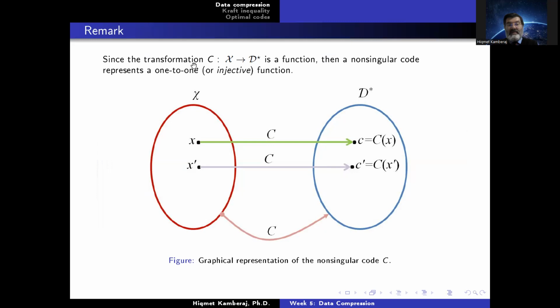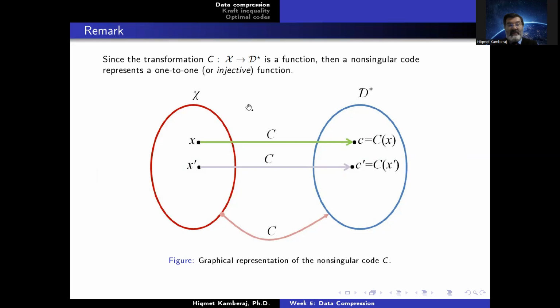Since the transformation C from chi to D star is a function, a non-singular code represents a one-to-one or injective function, based on what you might have learned in mathematics.